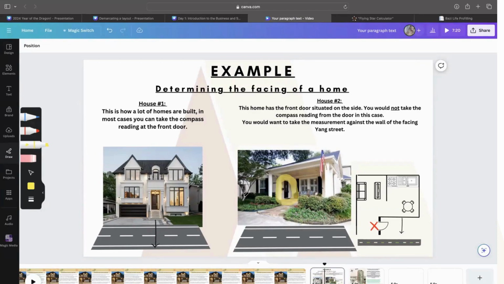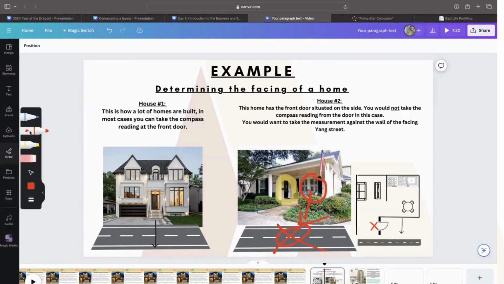But the true compass measurement would be taken from this wall here. And you would stand with your back towards that wall facing out, because this is the busier Yang Street. And this is where you want to take your compass direction from.